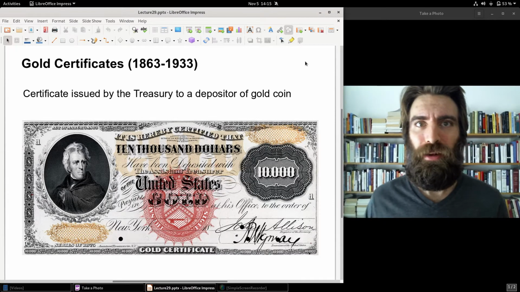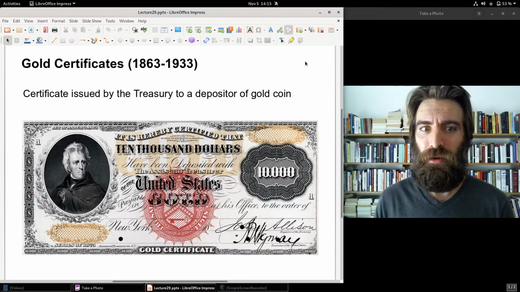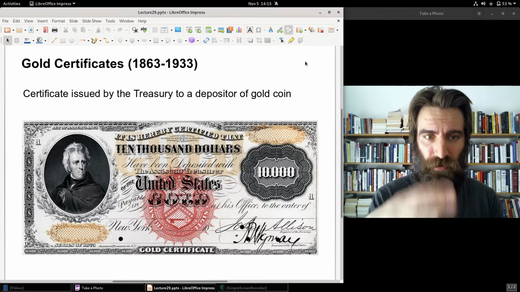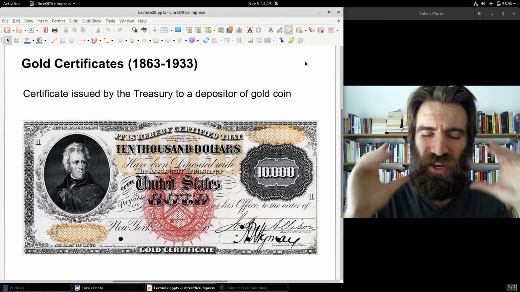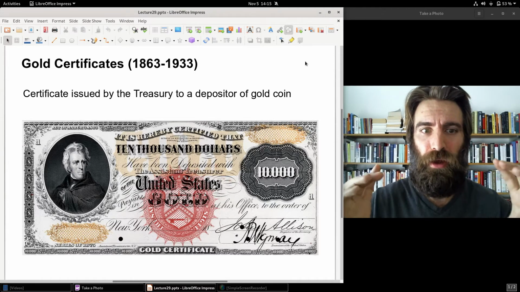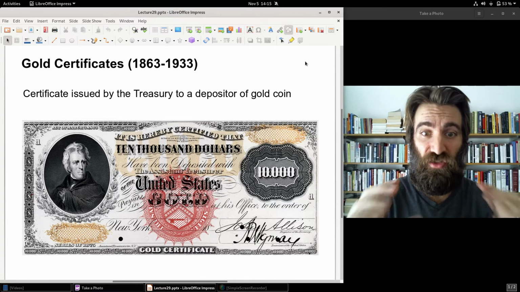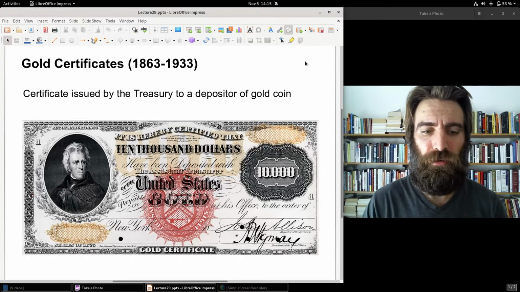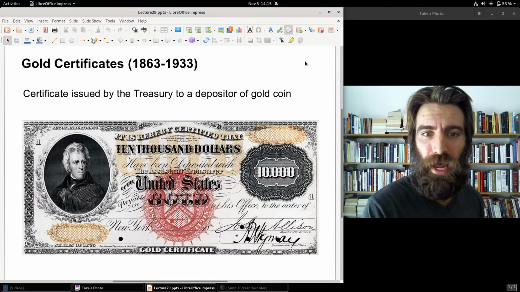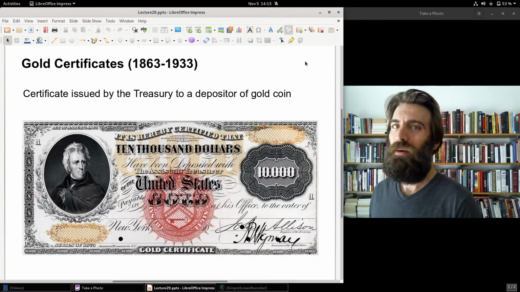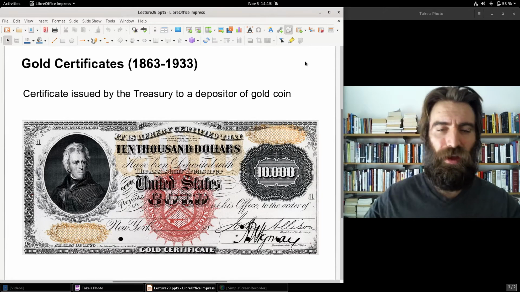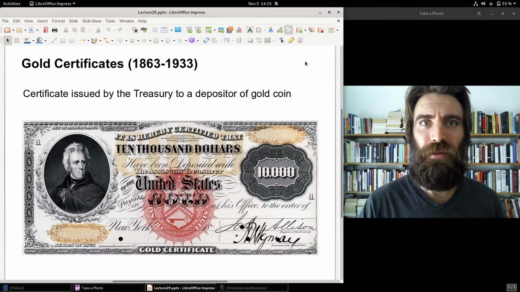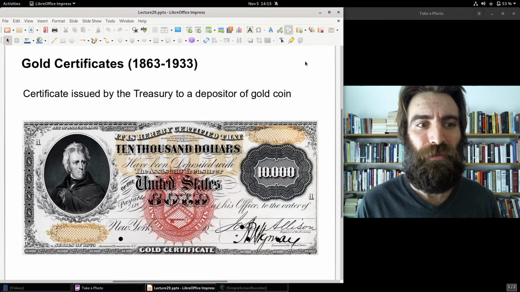If you owe somebody $10,000, what would you rather do? Pay them with a sturdy, certified $10,000 gold certificate issued by the federal government that certifies this $10,000 is on deposit? Would you rather pay with that, or would you rather have hundreds and hundreds of double eagles? Probably going to want to go for that gold certificate, right?